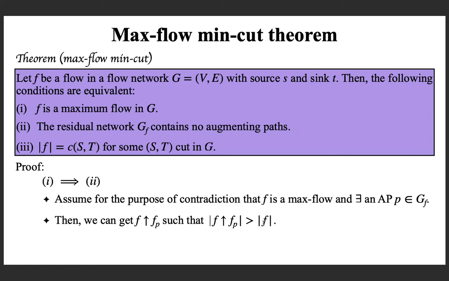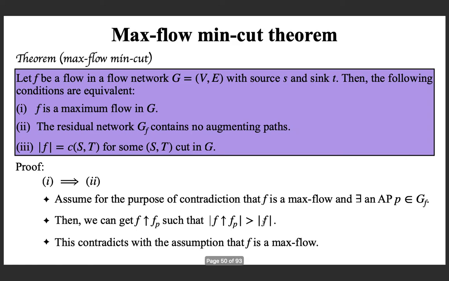That means you can increase the flow, which contradicts the fact that the given flow is maximum. So we can conclude that if F is a maximum flow, then the corresponding residual network does not contain any augmenting path.